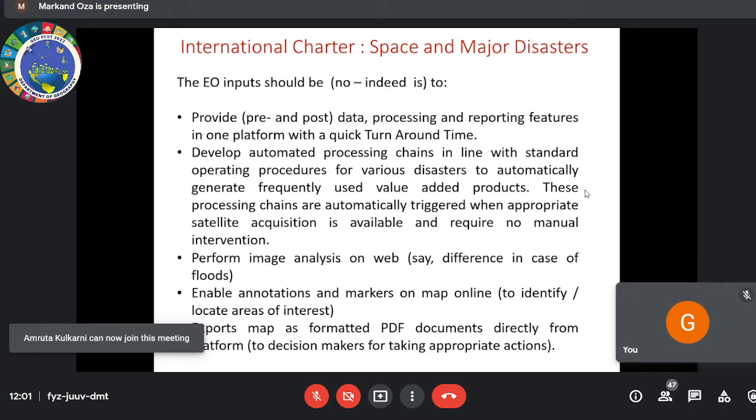The turnaround time of getting data and processing should be minimal so that managers who are assigned to mitigate the sufferings of the people get correct information in the minimum of time. Now, the data is one thing, but processing and getting the derived information is another thing.